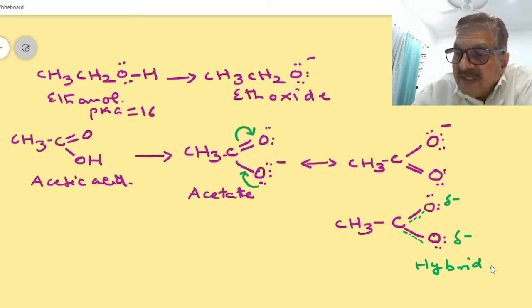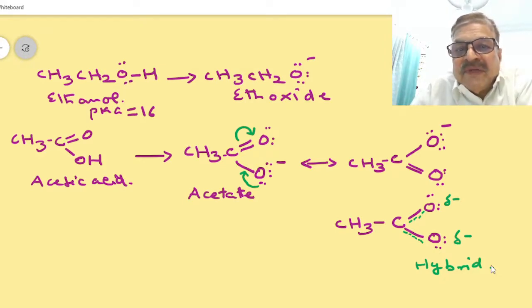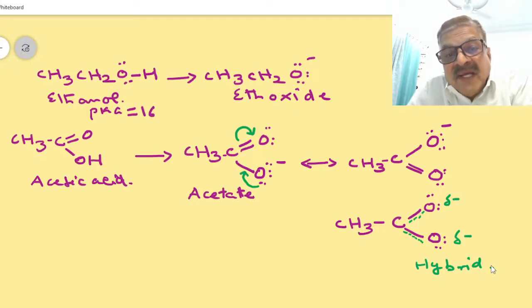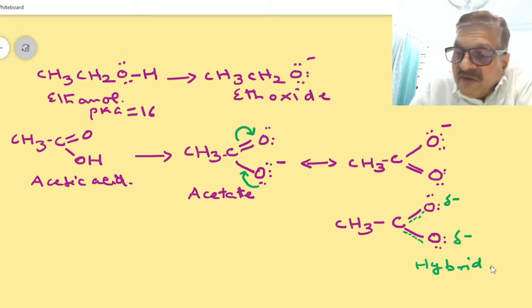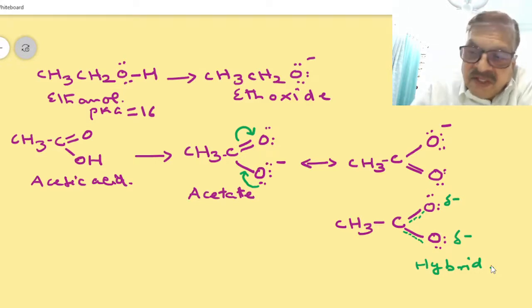Resonance delocalization makes acetate more stable, and more stable means weaker, a weaker base than the ethoxide anion. In ethoxide there is no delocalization, and the negative charge is localized on that oxygen atom. Therefore, acetic acid is a stronger acid compared to ethanol.